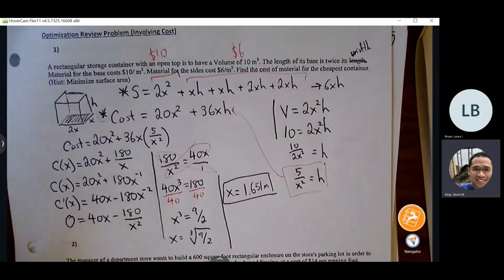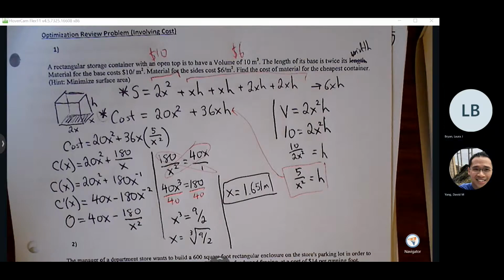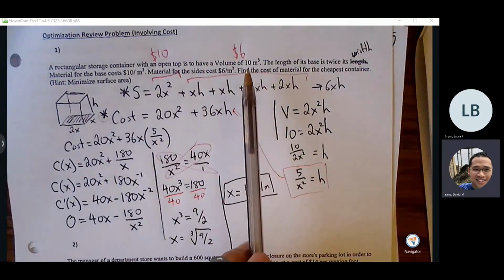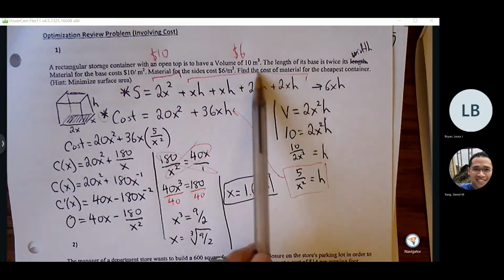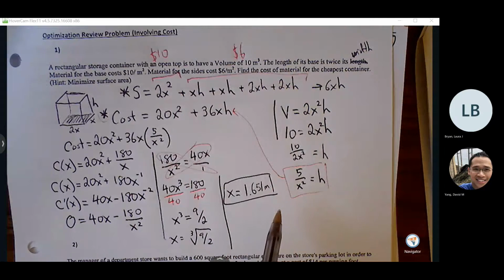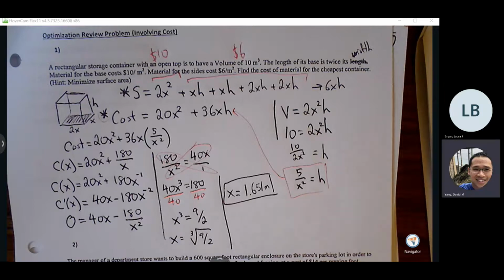Okay, but what is the problem asking for here? We have the x value, but it's asking for the cost. Yeah, it's cost, right?